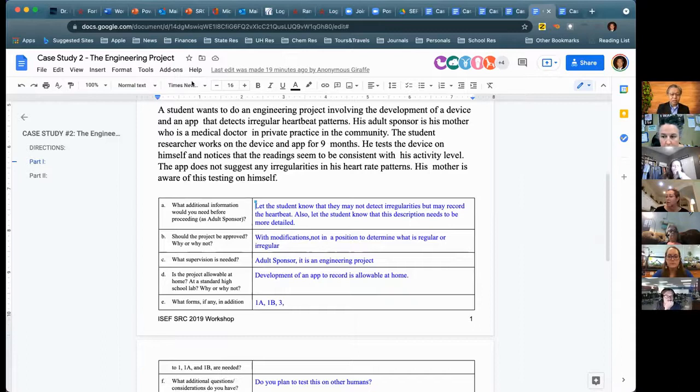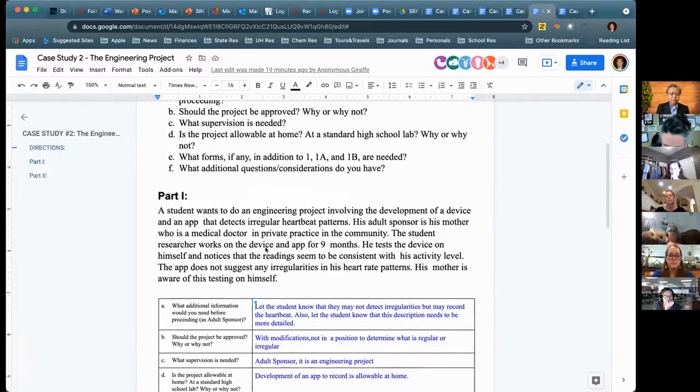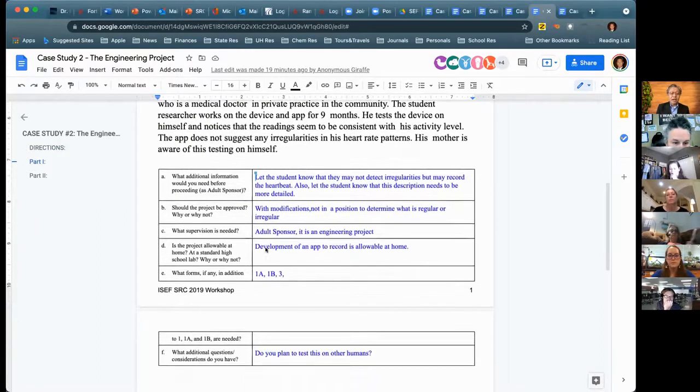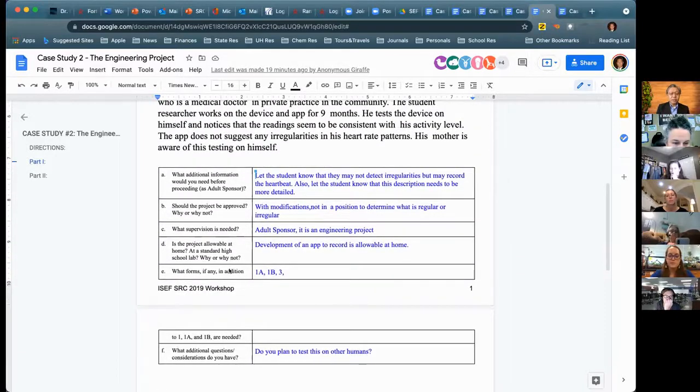So it can double up. If you already said it needs an adult sponsor, why not a qualified scientist to double up with that? So that should be perfect for this. But you are correct. Part 1 is allowable. There's not a whole lot of forms required here, except I would require form 2 in this scenario.